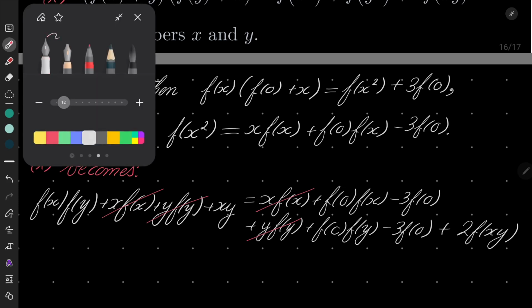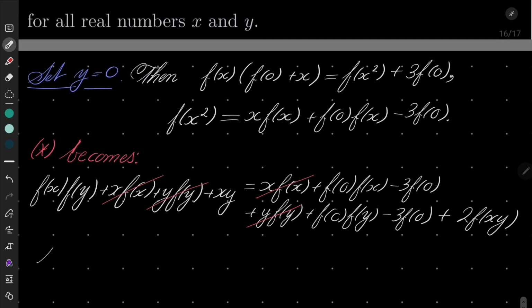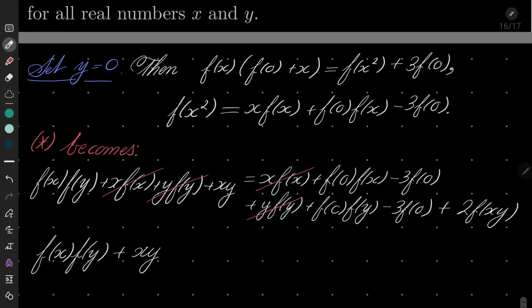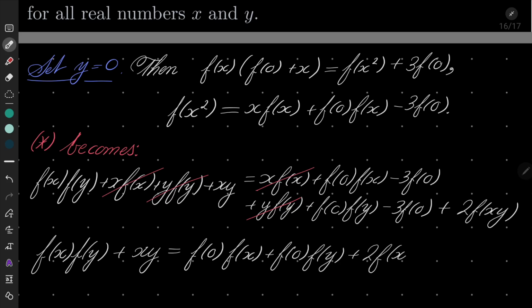So we have the following: f(x) times f(y) plus xy equals f(0) times f(x) plus f(0) times f(y) plus 2 f(x) times y minus 6 times f(0). Okay, very nice, very well.